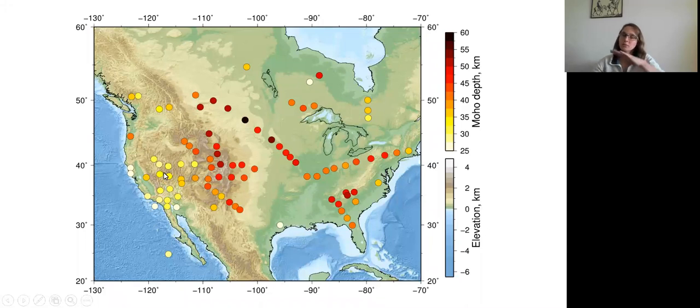The yellow circles here are the Basin and Range, which have seen a fair bit of extension. So actually, these are thinner crustal thicknesses associated with high elevations, which means that what we're looking at here is not your classic tectonic topography. This topography is not supported by a thick crustal root. Instead, we think it's highly likely dynamic in origin.